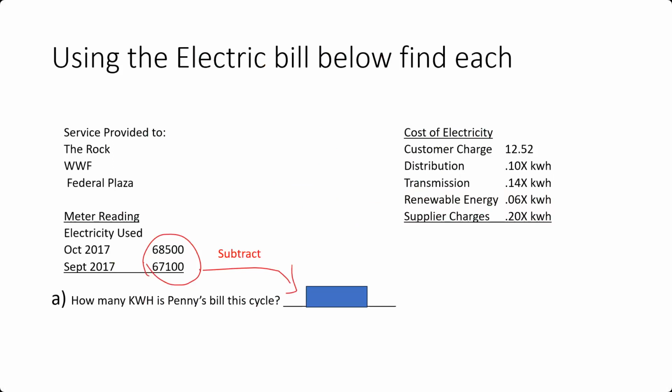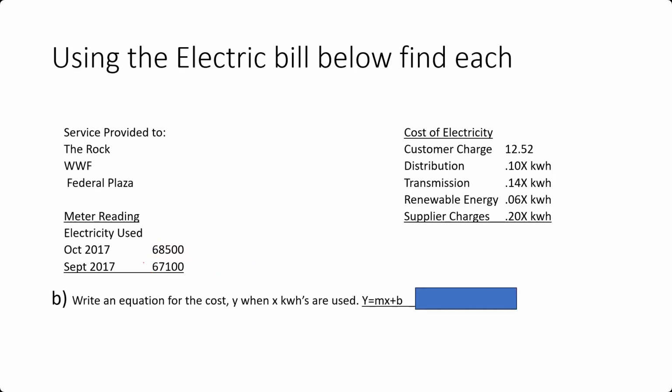Because it's telling you in September you had 67,100, October 68,500. If I subtract them, it tells me how much I used then. So the rock used 1,400 kilowatt hours. Any questions?